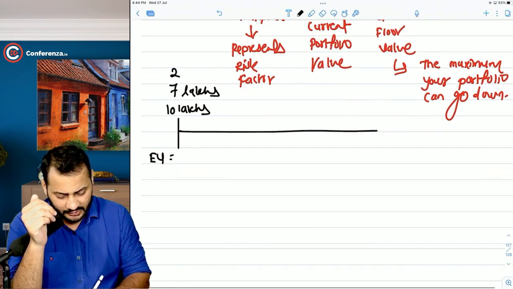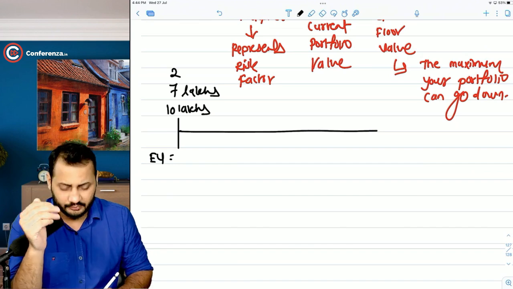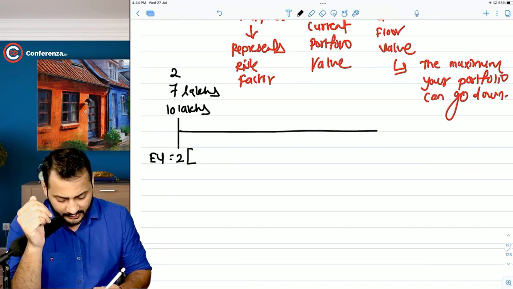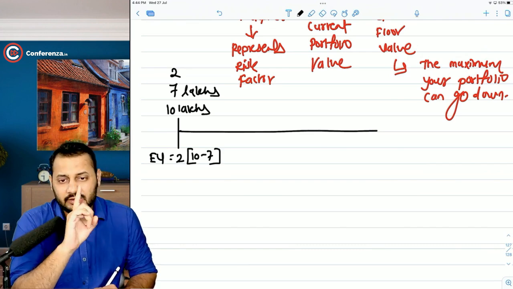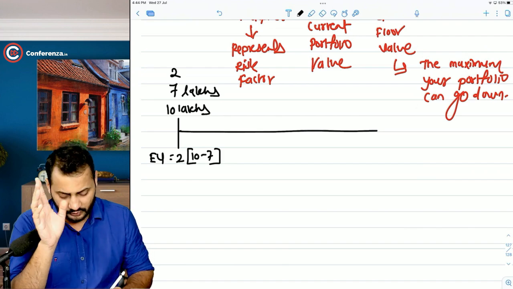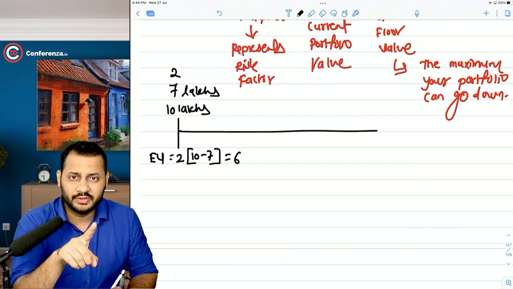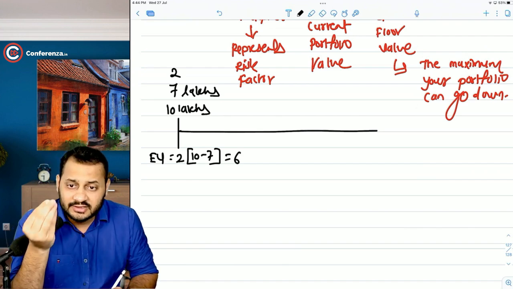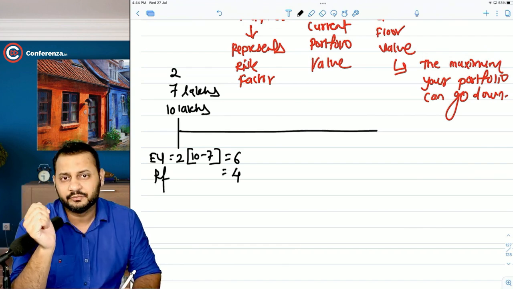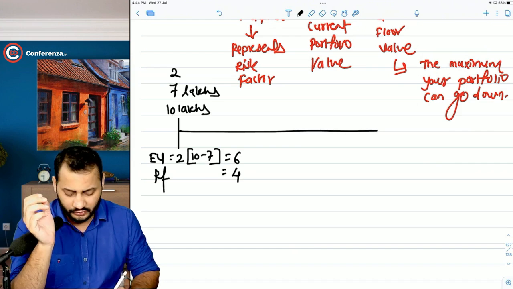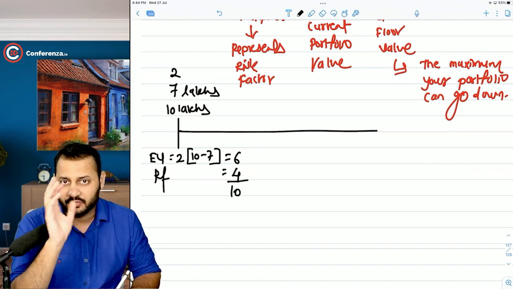Let's take the multiplier as 2, just an example. 10 minus 7 is 3 lakhs, multiplied by 2. That means the equity balance should be 6 lakhs. So invest 6 lakhs in the equity share and the balance, 4 lakhs, in the risk-free security. So the total will be 10 lakhs to start with.